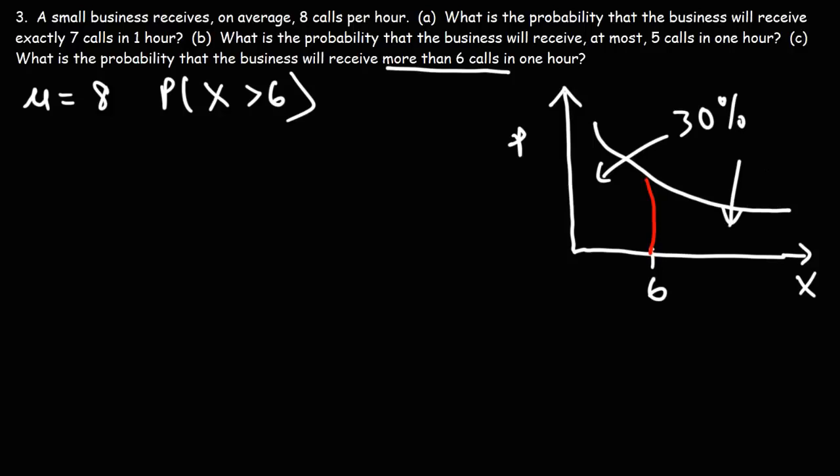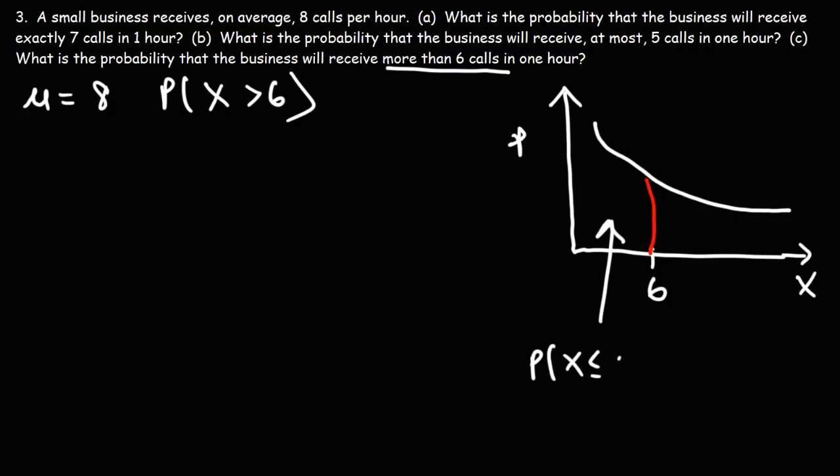What is the probability that x will be greater than 6? The total area under the curve, which represents the total probability, is 1, or 100%. So if the probability that x is equal to or less than 6 is 30%, then the probability that x is greater than 6 will be 70%, because these two have to add up to 100. On the left side, this represents the probability that x is less than or equal to 6.